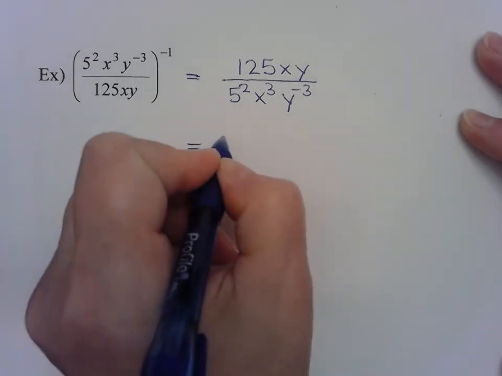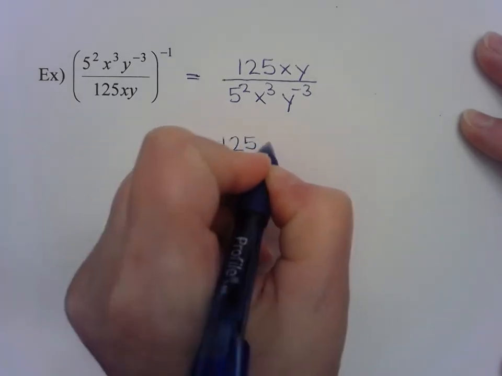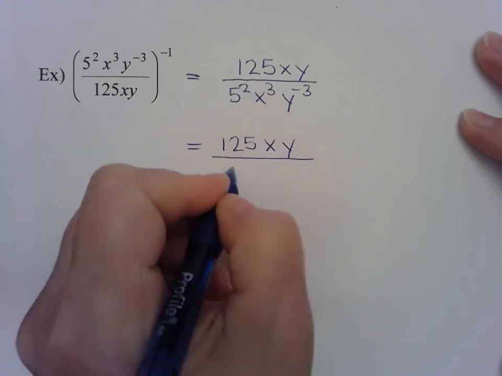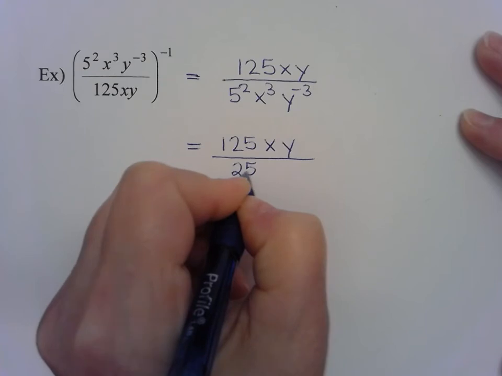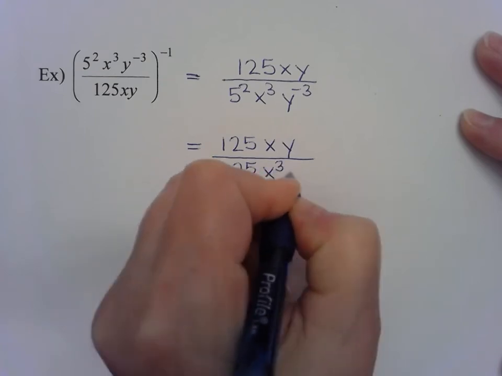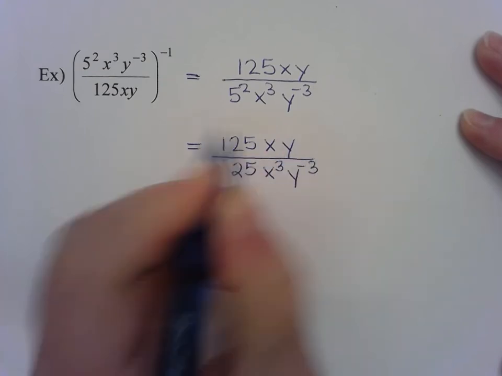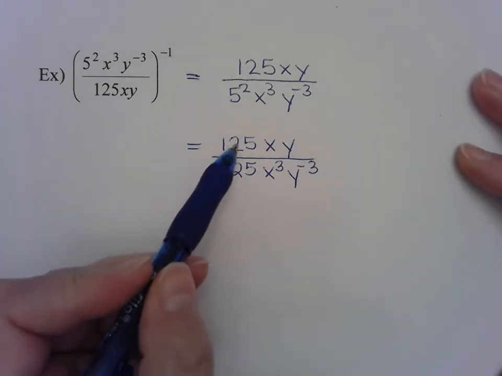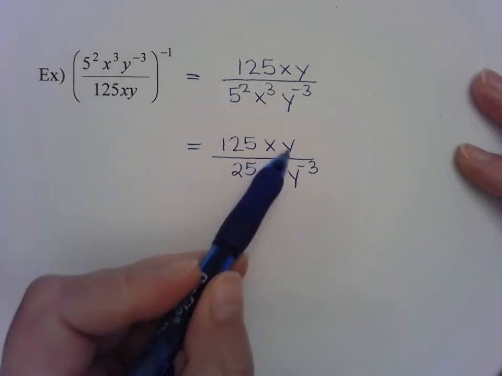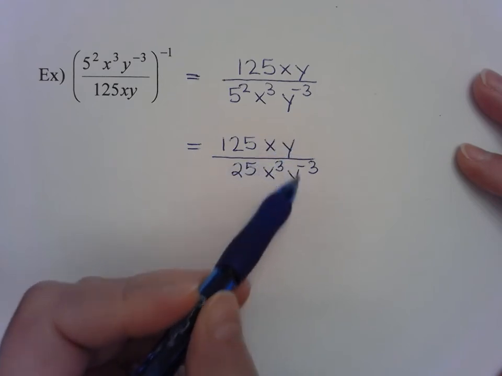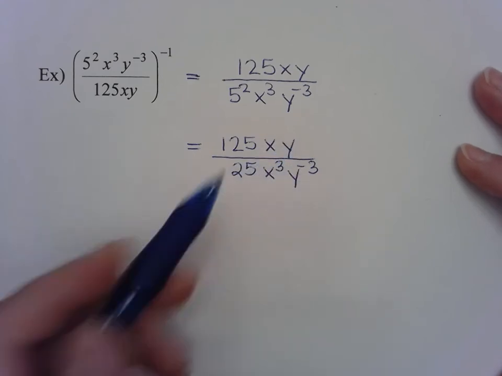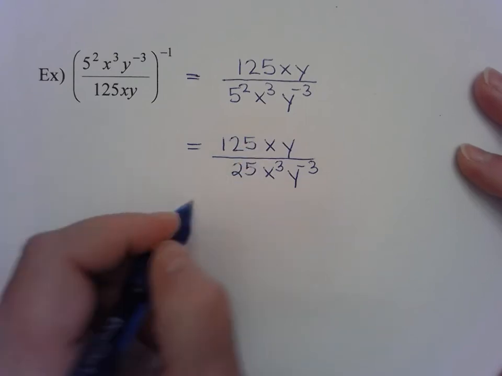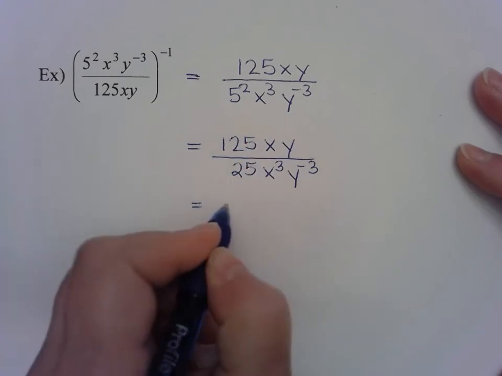Okay, so let me just copy that. But 5 squared, I know that's 25. Okay, now we can simplify our numbers, we can simplify our x's, and we can simplify our y's. So first of all, 125 divided by 25, that should give us 5.